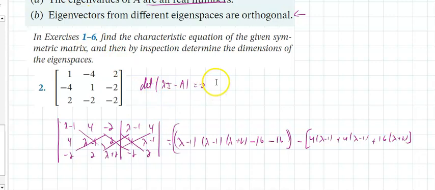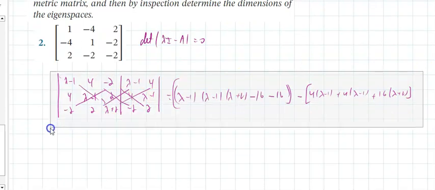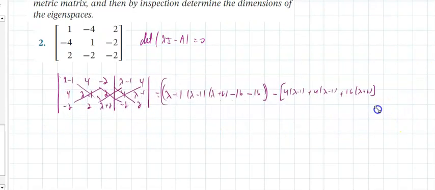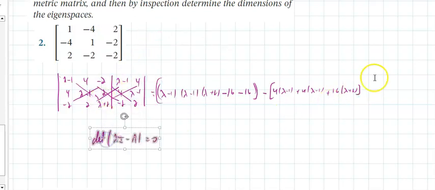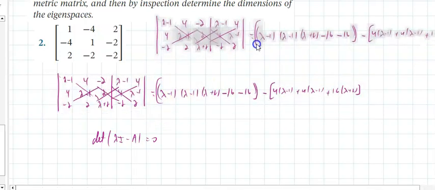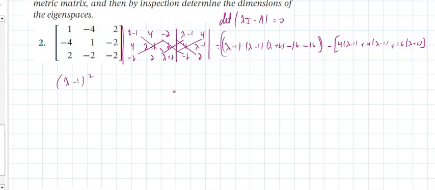Now I'm going to shrink this just a bit and put that up there. Now, here we're going to require a bit of algebra. And we're looking at lambda minus 1 squared, lambda plus 2, minus 32, minus 8 into lambda minus 1, minus 16 into lambda plus 2.